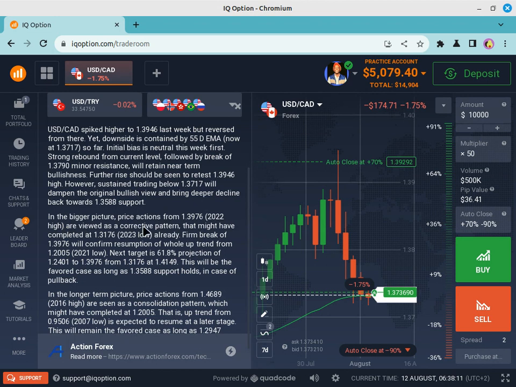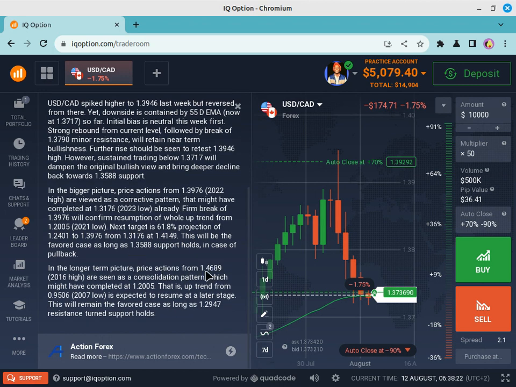In the bigger picture, price actions from the 1.39 2022 high are viewed as a corrective pattern that might have completed at the 1.37 2023 low already. All right. So in the longer term picture, price actions from the 1.46 2026 high are seen as a consolidation pattern which might have completed at 1.2.